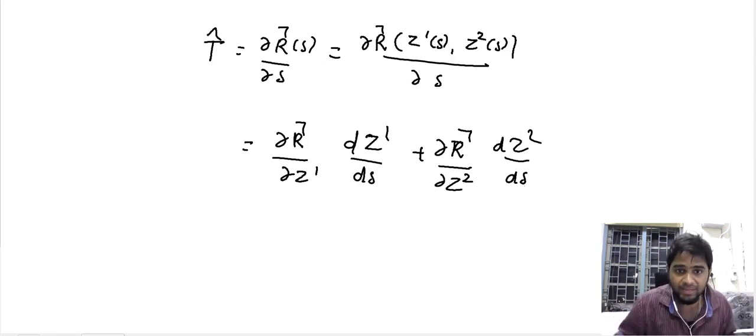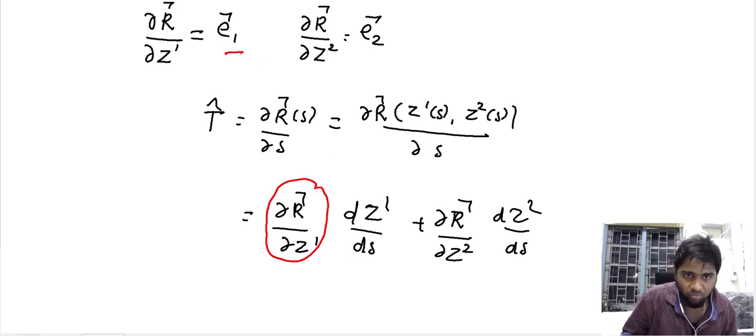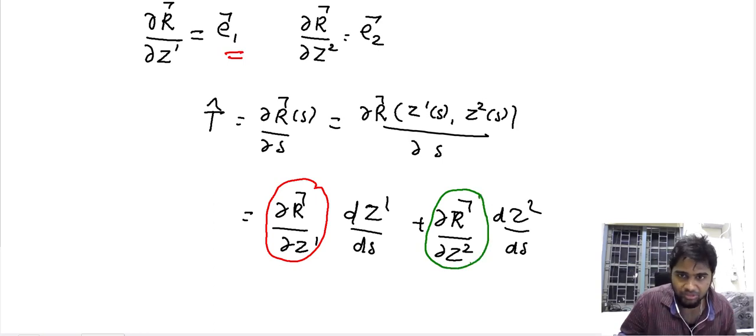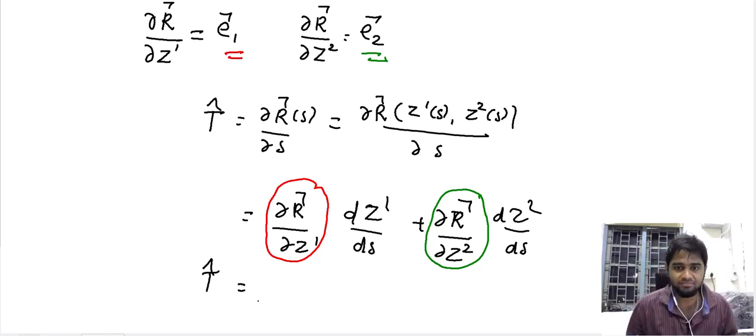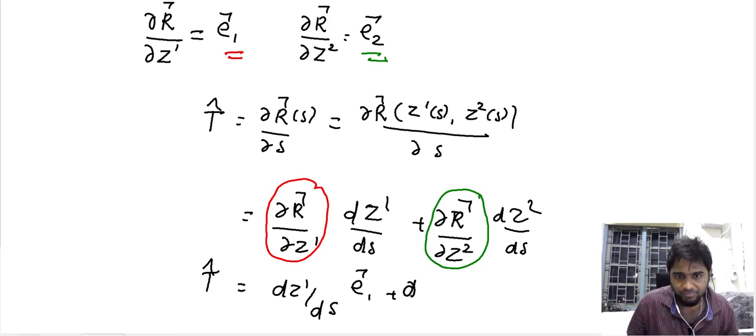Now we have already established that the partial derivative of the position vector with respect to one coordinate is one of the unit vectors, and the partial derivative of the position vector with respect to another coordinate is another unit vector. So ultimately the vector that we are interested in is the derivative of the coordinate system that we have considered with respect to the arc length and the corresponding unit vectors, dz2 by ds times E2.